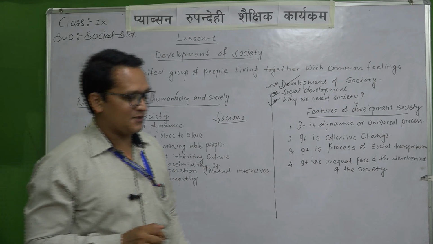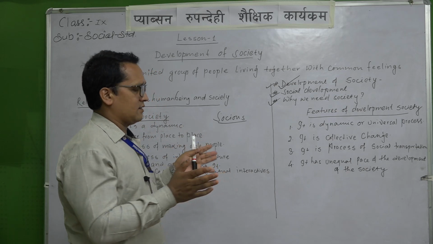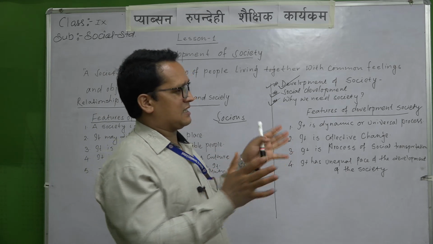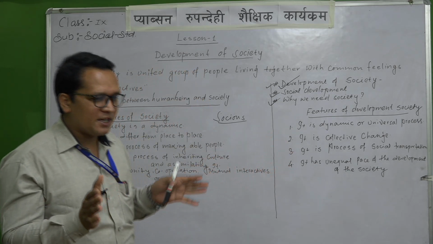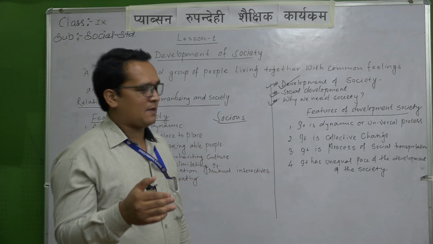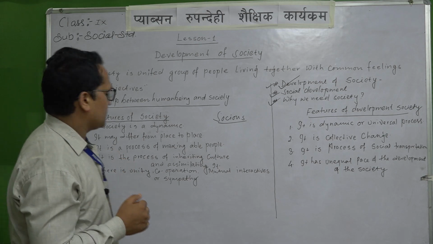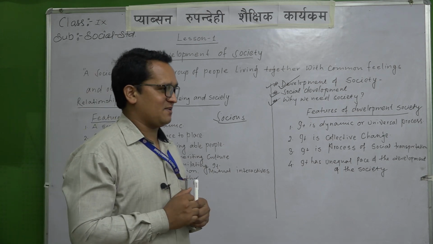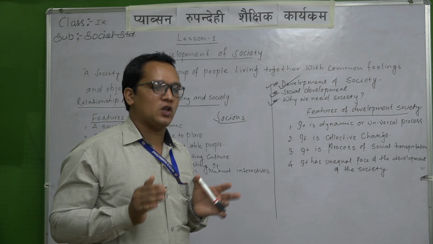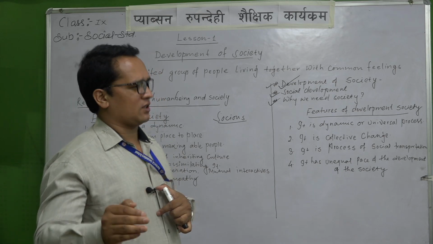Why do we need society? For our security, for our sharing, for our actual living standard and the enjoyment of life. Various things are guaranteed by society. We need society because we have common feelings and objectives, to achieve a goal and to be secure.